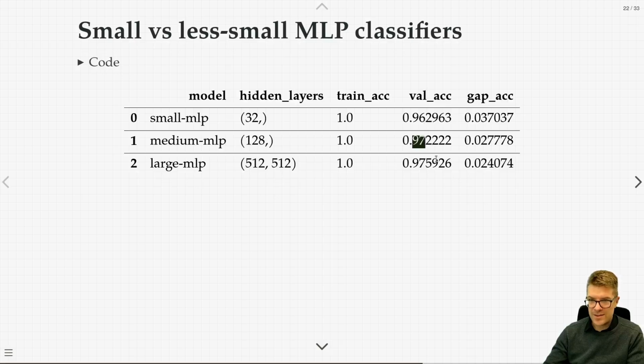The medium one has 97.2% validation accuracy, and the large neural network has 97.6% validation accuracy. And zooming in a little bit, the gap in accuracy between validation and training is decreasing as we get bigger and bigger neural networks. Food for thought, is this the same behavior we saw a moment ago with regression? If so, why? If not, why not?